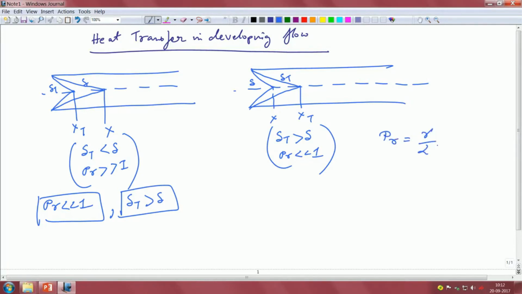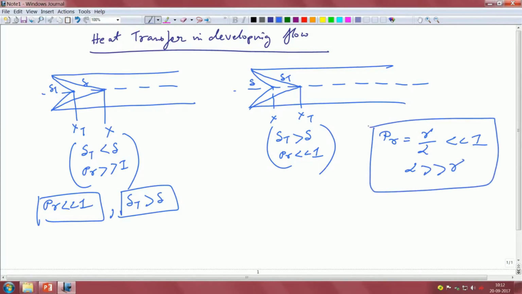So, when we say that this is much less than 1, this essentially means that alpha is much greater than gamma, that is, the thermal diffusivity is more than the momentum diffusivity. So, by the definition of Prandtl number, delta T is much greater than delta.